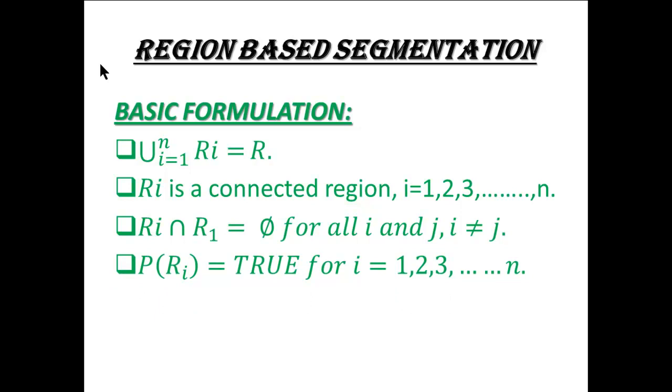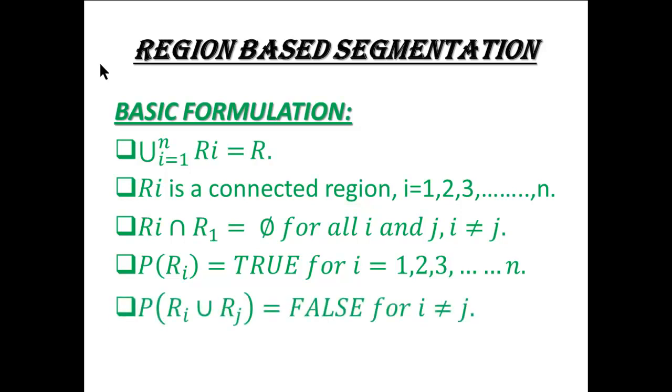P of Ri is true for i equals 1, 2, 3, up to n. P of Ri union Rj equals false for i not equal to j.